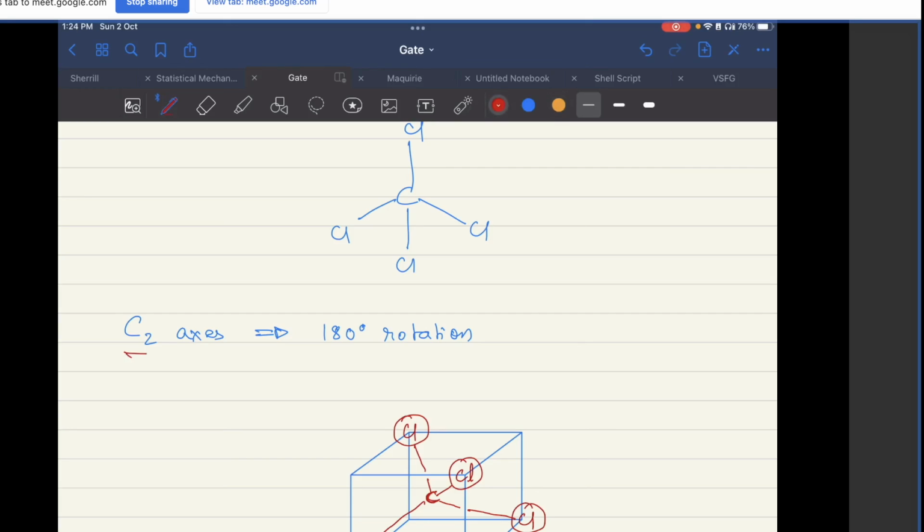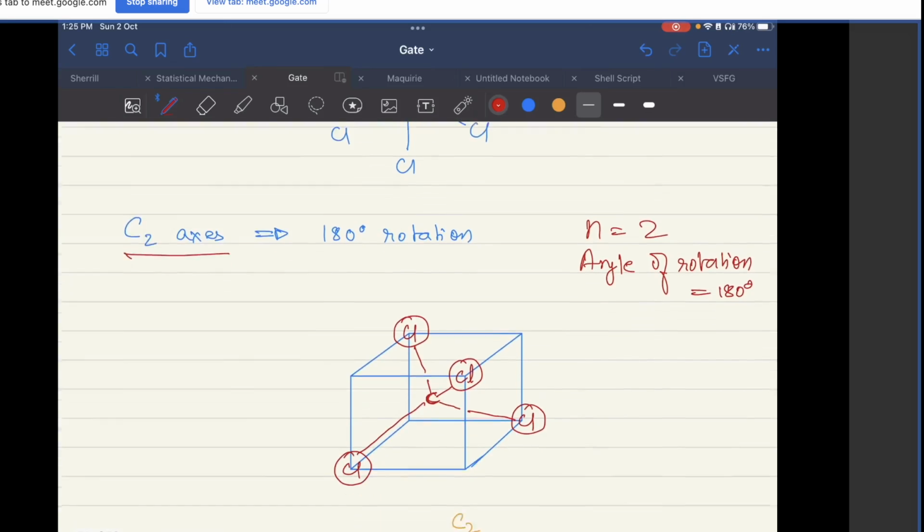So for a C2 axis, my n is equal to 2, and my angle of rotation will be 180 degrees.